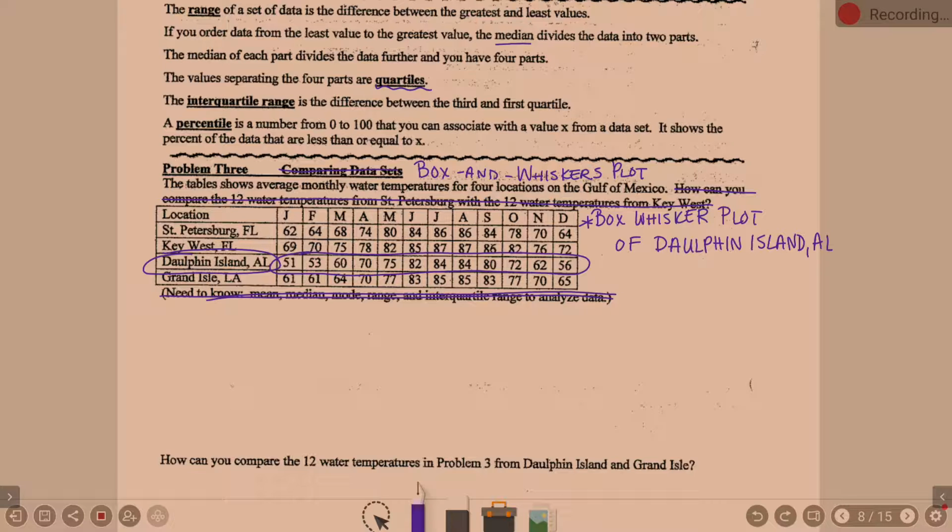Okay, what's our lowest number for Dauphin Island? And I do not see a problem, folks, with checking them off as we go.